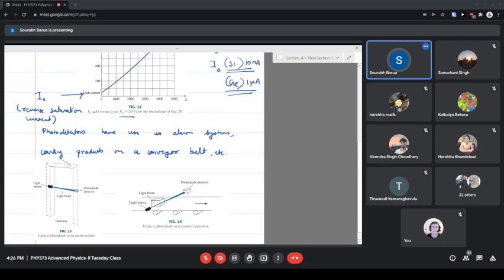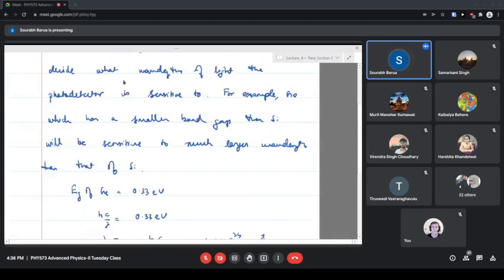For example, we can make a photodetector from germanium or silicon material, and how will that affect the kind of light which we are detecting? So what do you think is going to happen if you use germanium to make this PN junction, or if you use silicon to make this PN junction? What will be the difference and why?